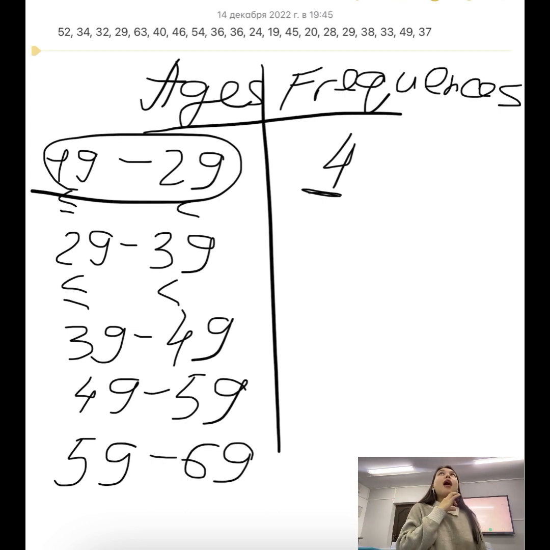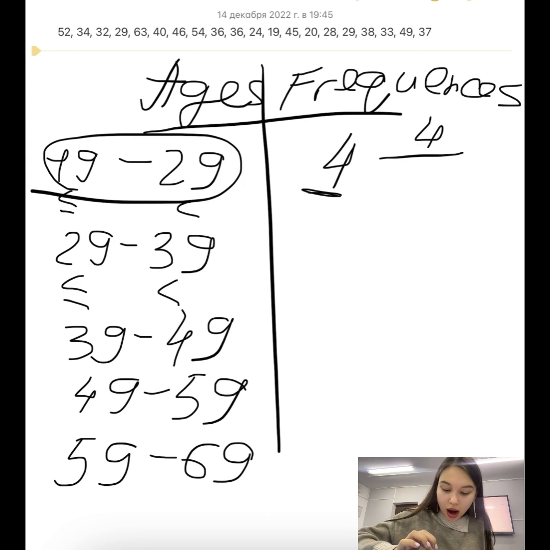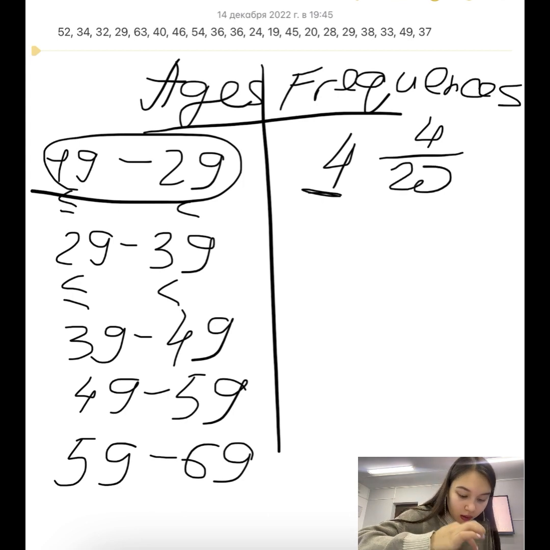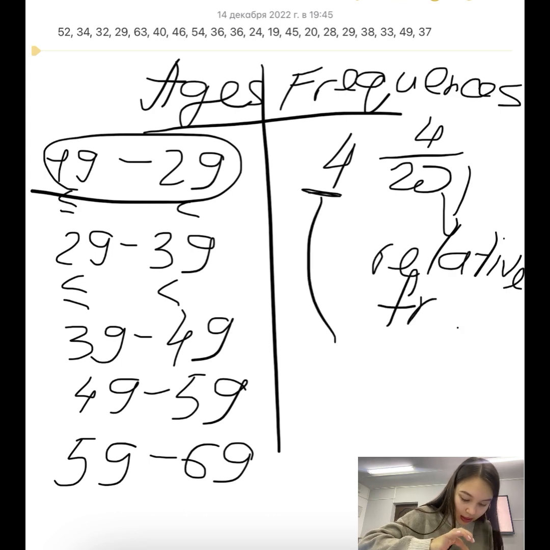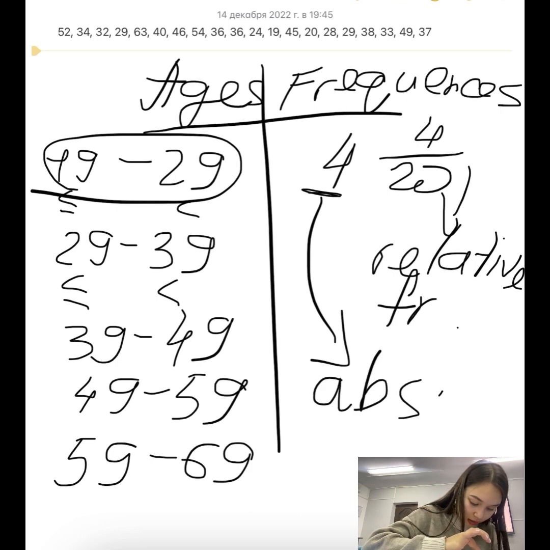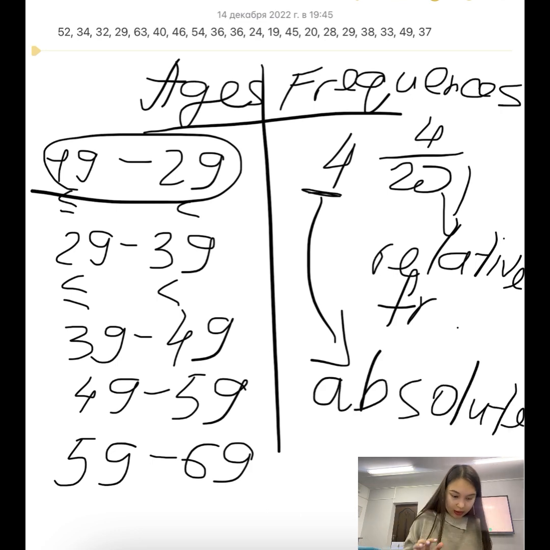But the relative frequency is that number divided by the whole quantity. We see that there are 20 numbers, so it is 4 out of 20. Is it understandable for you? This is relative frequency and this is absolute. I hope it's understandable.